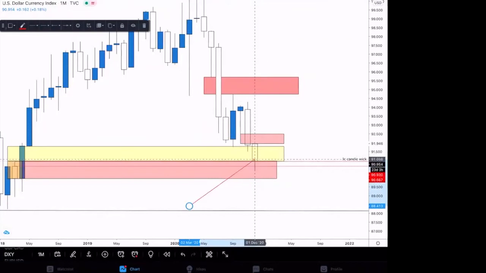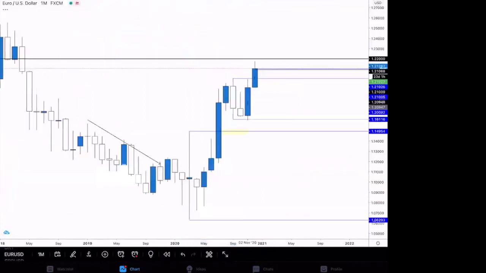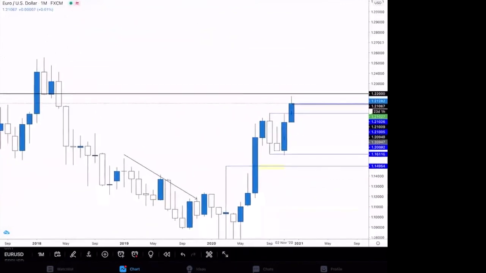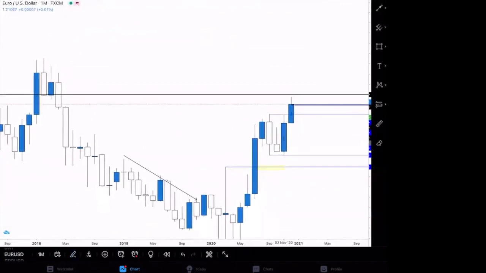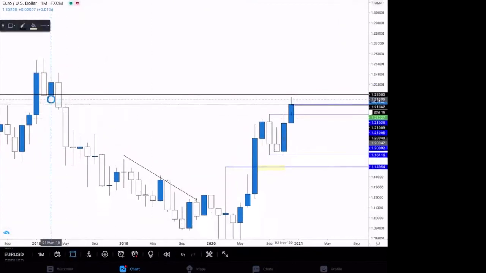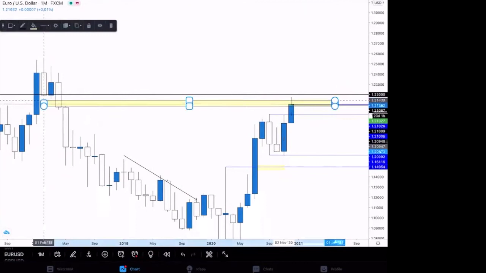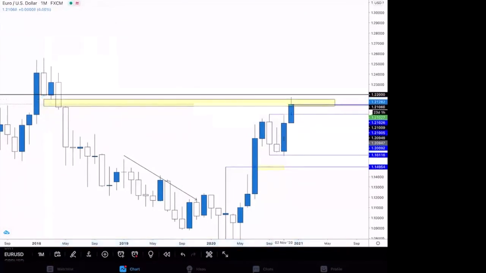So you could see a reaction up at this point, which means the euro would be going down, because at this point it is in an imbalance as well. Just train your eye to see the imbalances, from the wick to the wick, the empty area.